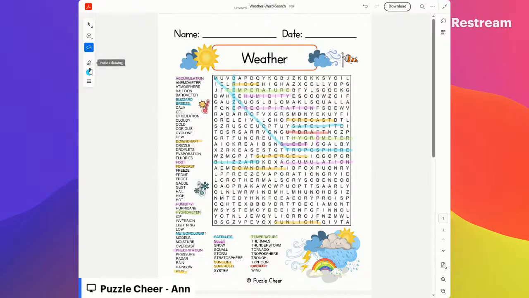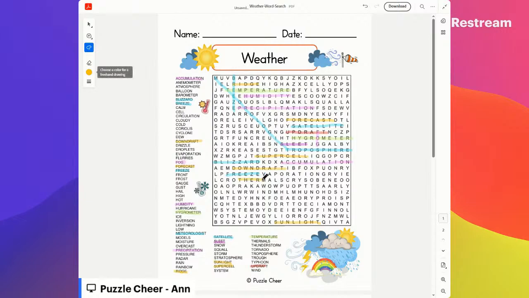And freeze is below downdraft. F-R-E-E-Z-E, freeze. And I see thermals is a word, but let's cross off freeze first. And thermals.